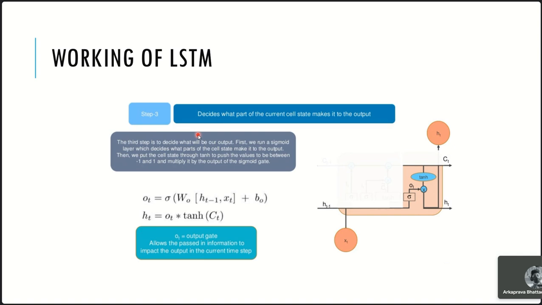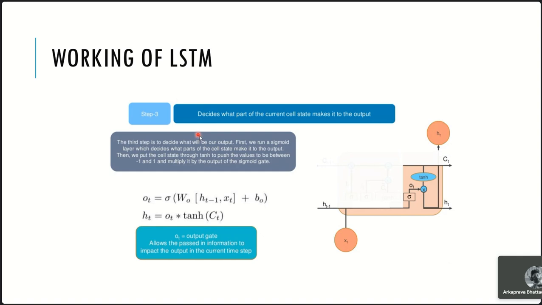First, we run the sigmoid layer, which decides what parts of the cell state make it to the output. Means once you have analyzed your input information and you know the context, accordingly you will try to give the output.